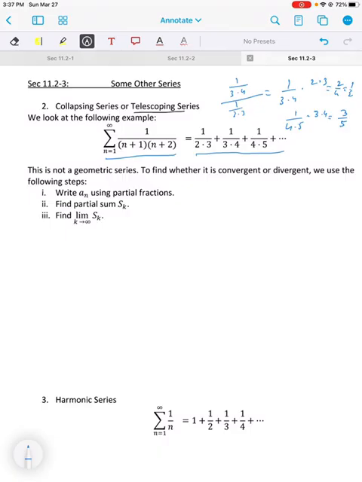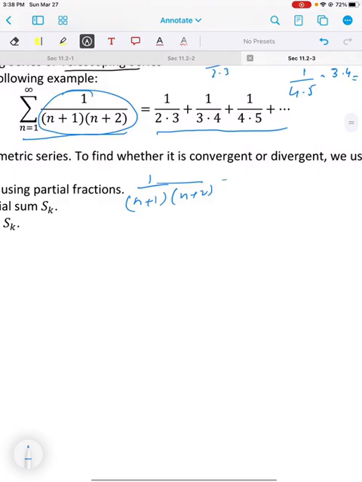So how do we find whether this kind of series converges or diverges? It is easily computable, and we follow these steps. The first step is that we write this expression as a partial fraction. We write it as a over n plus 1 plus b over n plus 2, which gives us 1 equals a times n plus 2 plus b times n plus 1.